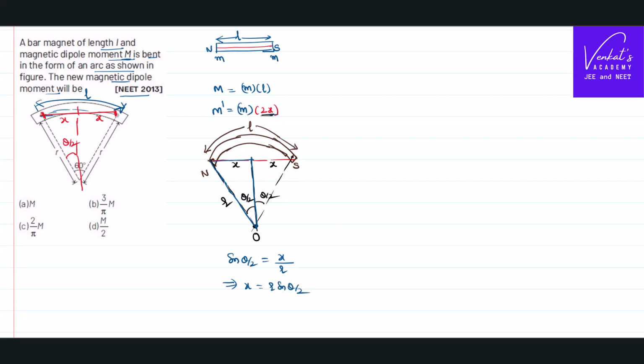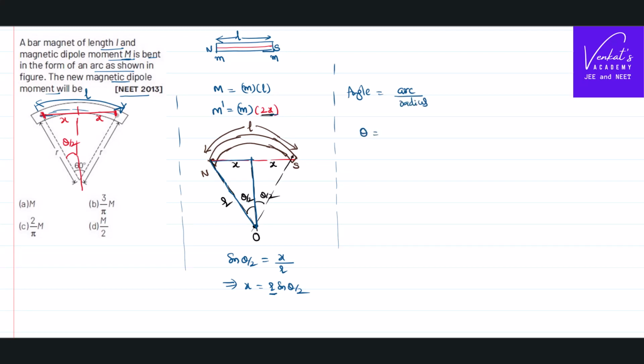So, I got x, but I do not know the value of r because the radius of the arc is not given for us. How can I find the radius of the arc? Based on the core definition of the angle. Angle is always defined as arc by radius.